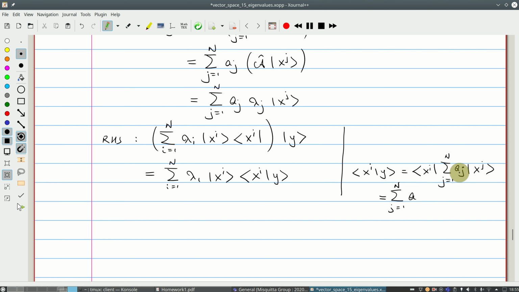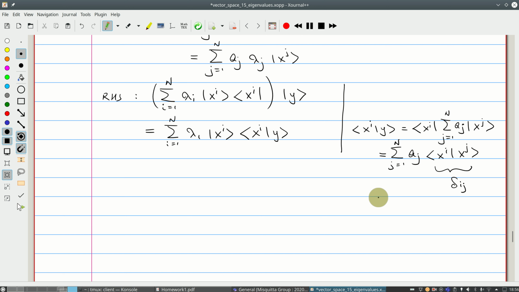Now these a's are in the ket side, so when we bring them out, they stay unchanged. No complex conjugation. And we have the inner product of xi with xj. But this forms an orthonormal set, so this is delta ij, the Kronecker delta. Now remember what it does from the recordings on index manipulation.